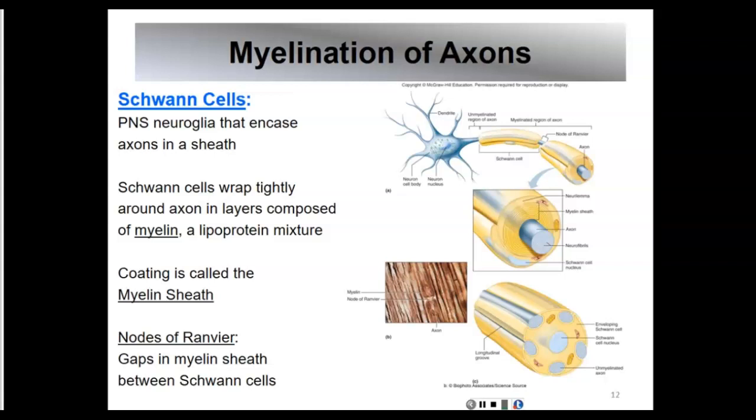And it encases axons in a sheath, or it wraps around it. These images are good because they show you how it kind of wraps around, kind of like insulation. It's composed of a lipoprotein, a fatty protein called myelin, and that coating is called the myelin sheath. And in between them again is that gap called the nodes of Ranvier.